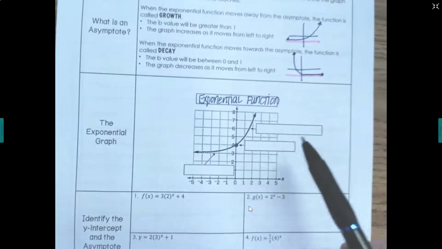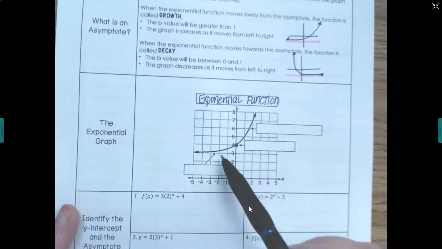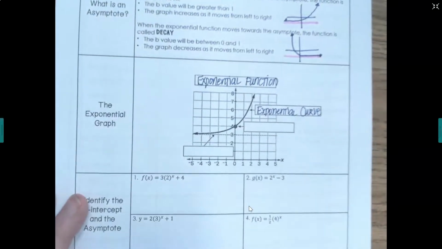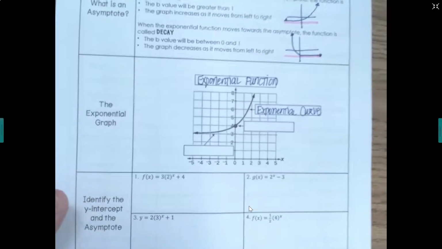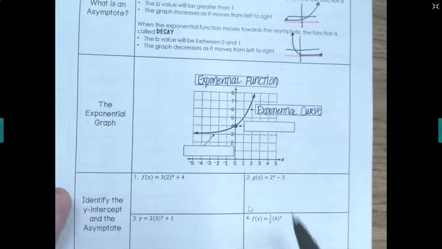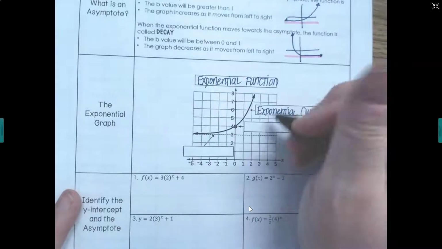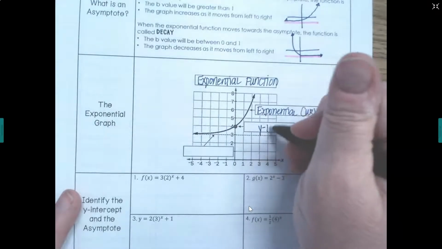We have graphed a quadratic parabola, and this curve is called the exponential curve. All right. Then there's a point here that we should be familiar with. This is where the graph is crossing the y-axis. So this is our y-intercept.